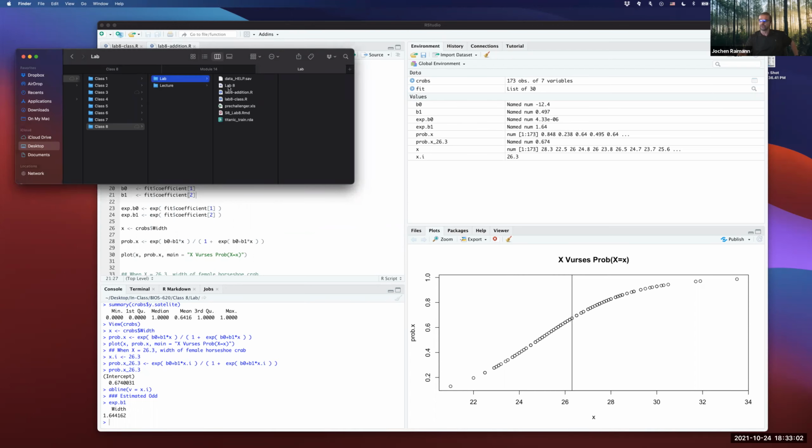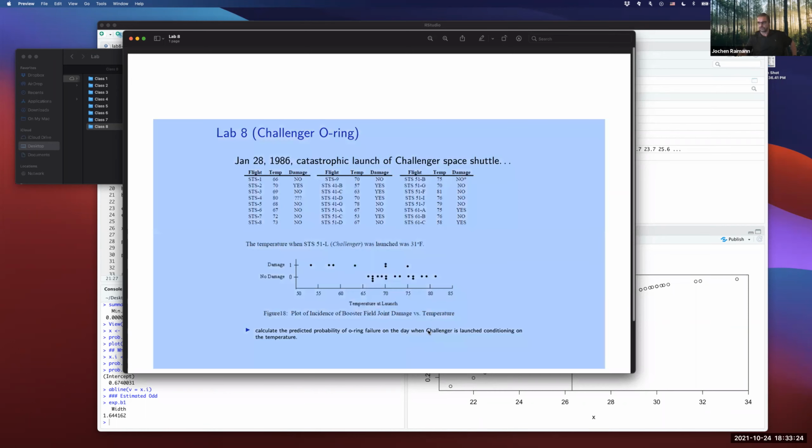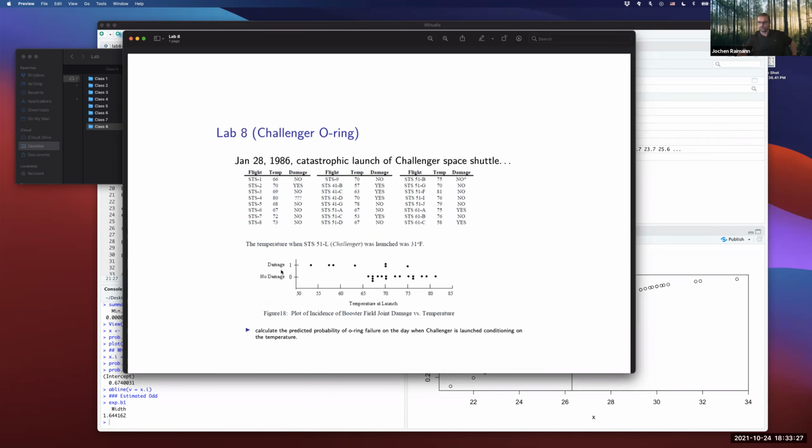We are now also looking at our Challenger O-ring example. The question here is that we want to understand the probability of damage on the day when Challenger is launched, conditioning on the temperature. So we have a binary outcome, which is damage or no damage, and we want to understand to what extent this associates with the temperature.